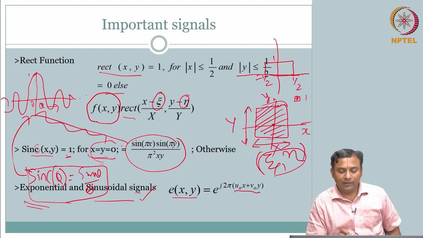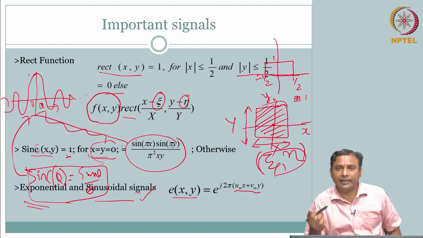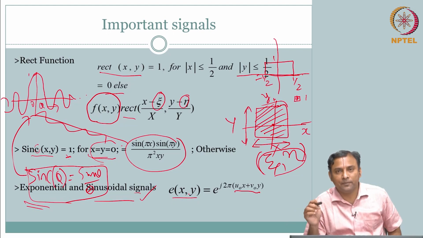Mathematically it is fine, because in one dimension, instead of x and y you would be more familiar with t, time. So, you would have already seen the exponential function to be e power j 2 pi f t, or e power j omega t, where omega is the angular frequency, and omega is equal to 2 pi f.